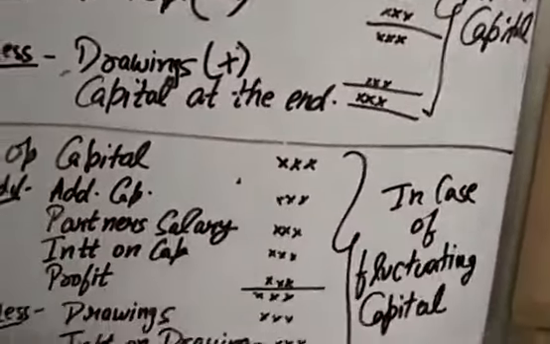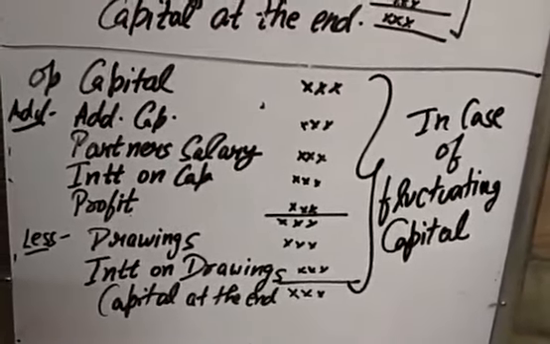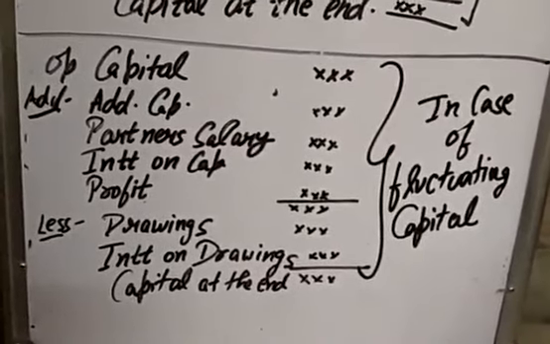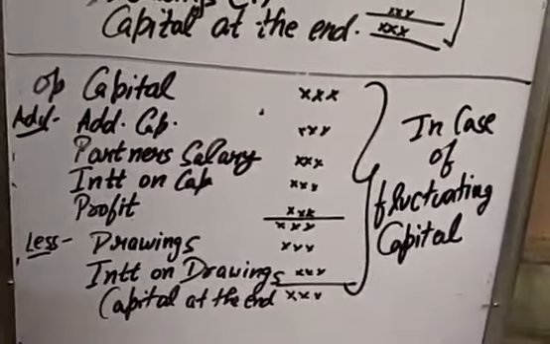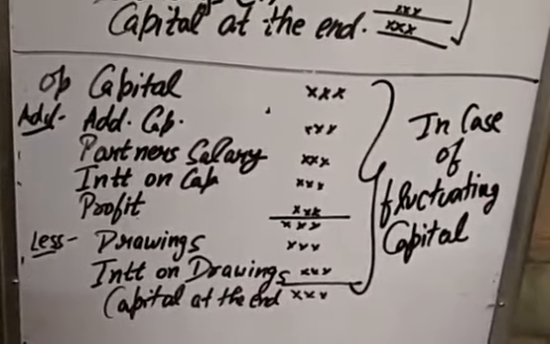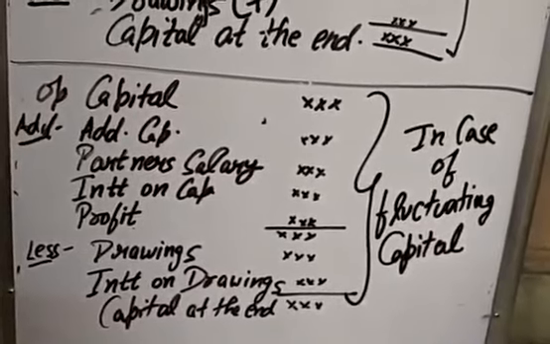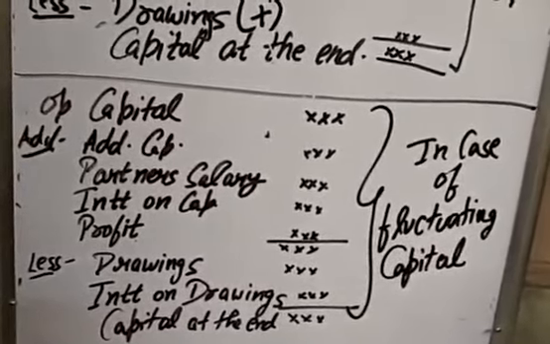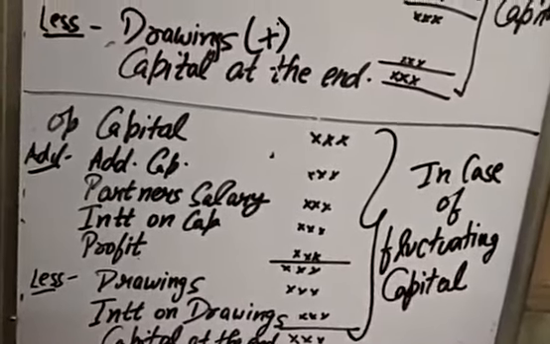Okay. Next, we will do the same question in case of the fluctuating capital method. You know, if there is a fluctuating capital method, we do all the entries regarding every expense or income, like any additional capital, any salary, any interest on capital, any share of profit, which is income for the partners. We will add these things, and we deduct what?